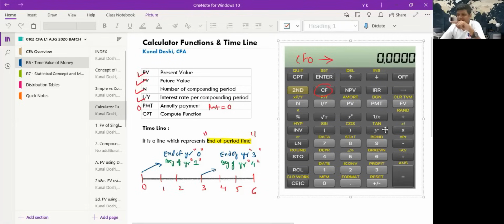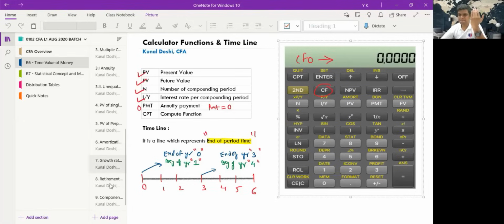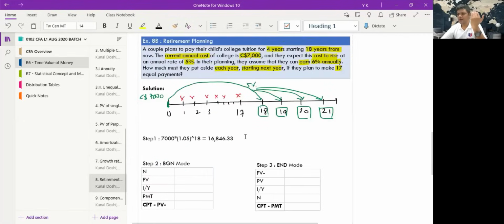So after pressing y^x, press 18, and then press equal to. So it has compounded 18 times. Now you have to multiply that with 7,000, and then press equal to. What is the answer that you all are getting? 16,846.33. Correct. That is the amount that you should be getting here.